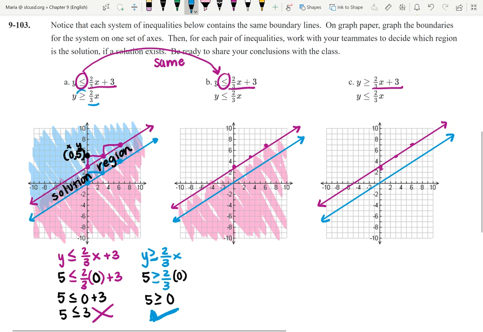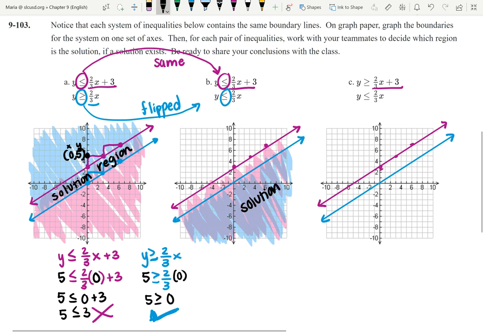But since this inequality symbol has flipped, then instead of shading above the blue line like I did before, I'm also going to shade below it. So shading below the blue line. Now my solution region is down here, everything below that blue line and including it.